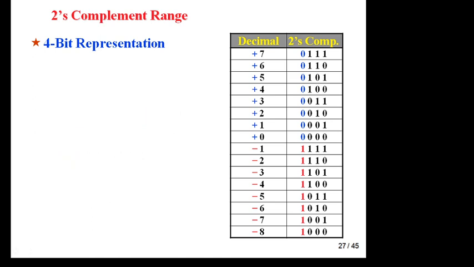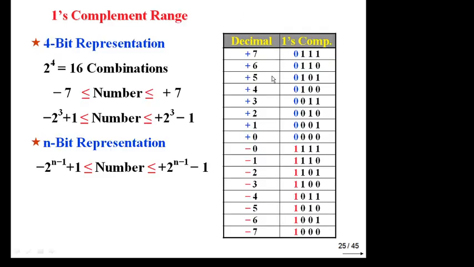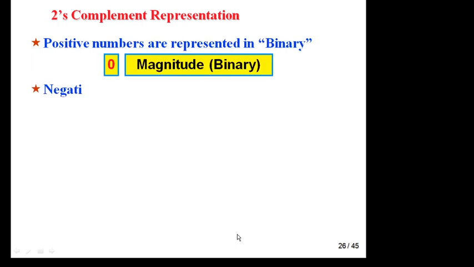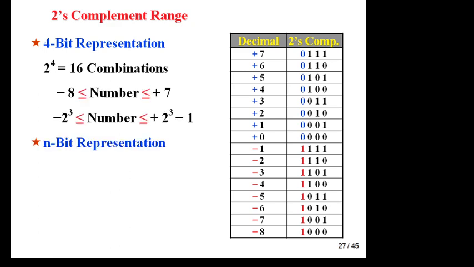In 1's complement method, it is plus 7 to minus 7. In this, it is plus 7 to minus 8. So this value is changing. So minus 2 to the power n minus 1 to plus 2 to the power n minus 1 minus 1, not minus 1 here. Okay, it is all about your 1's complement, r minus 1's complement, 2's complement, or you can say r's complement.